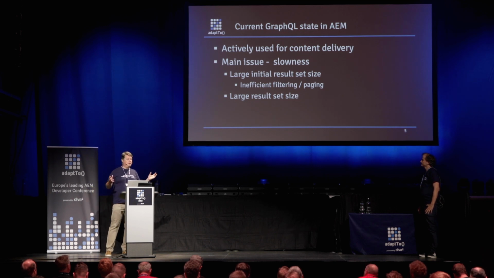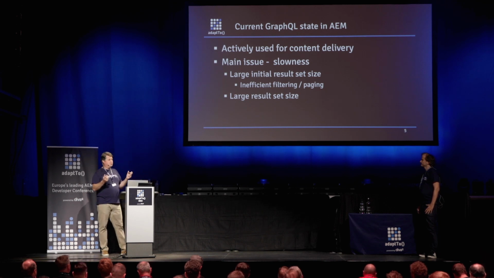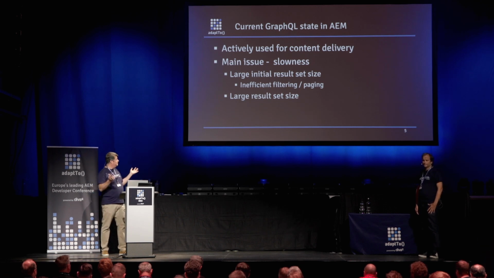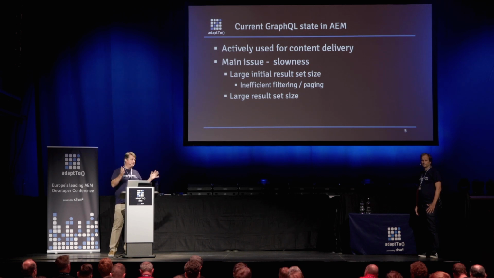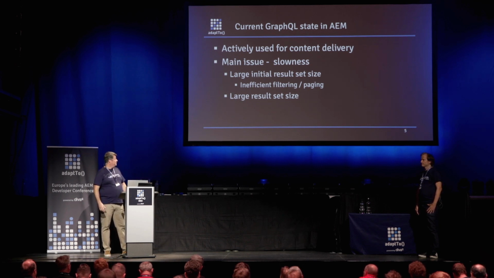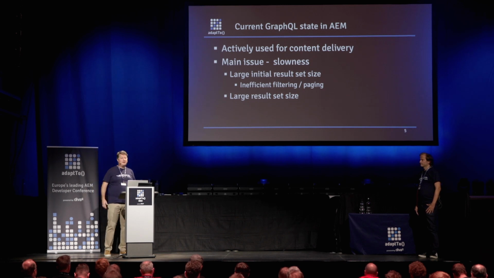I'm speaking about the number of content fragments that have to be retrieved first from the GCR, and then due to the lack of filtering and paging, it will result in a large result set size, which has to be transported back to the application. That was the main pain point, and here I am to provide you some recommendations on how you can avoid that by implementing filtering and pagination.